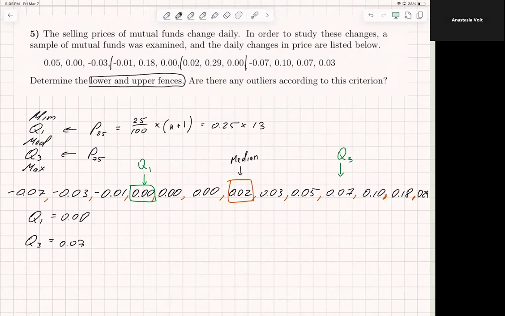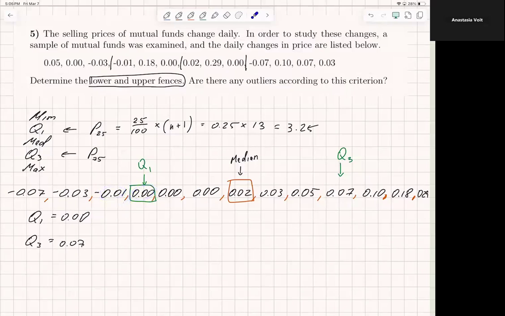So 0.25 times 13. That's going to be 3.25, right? So it's between 3 and 4. So we either interpolate or we just find the middle.